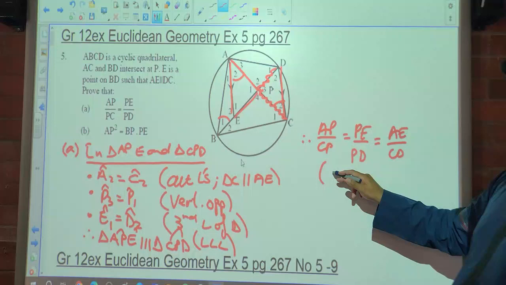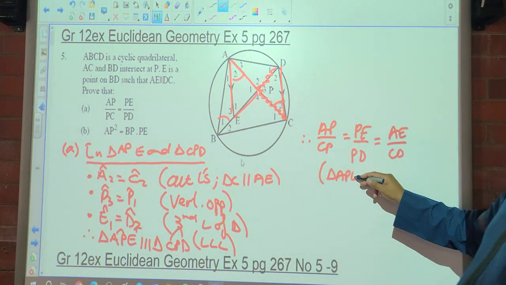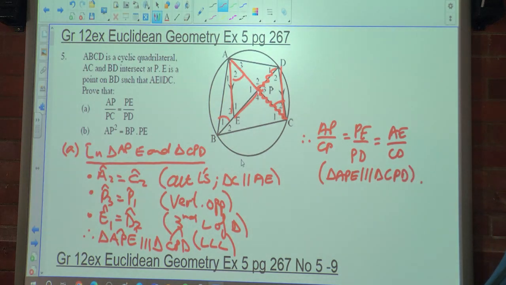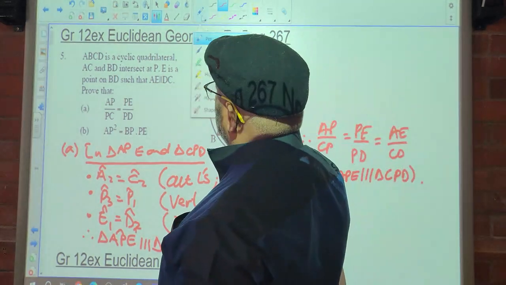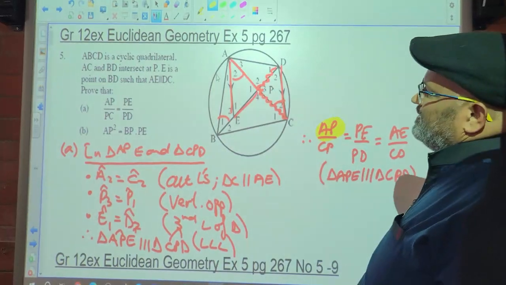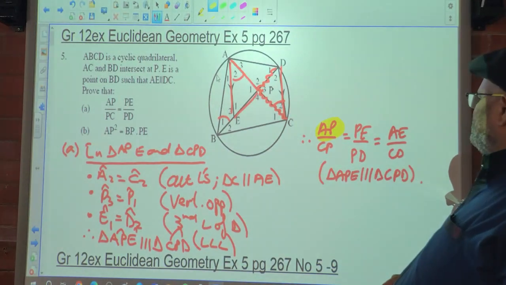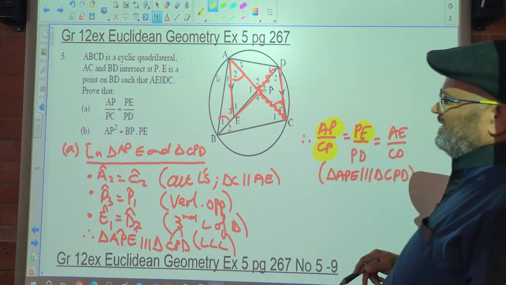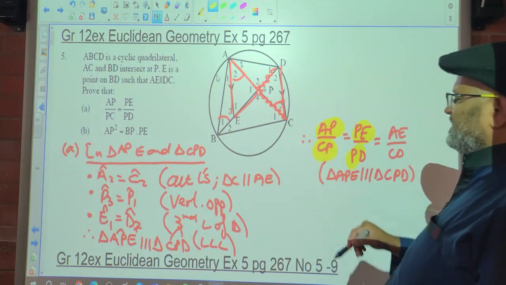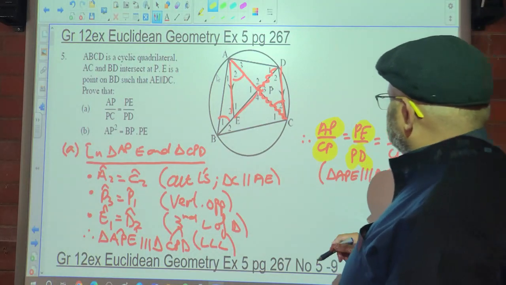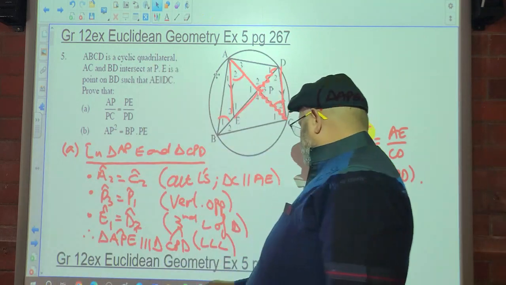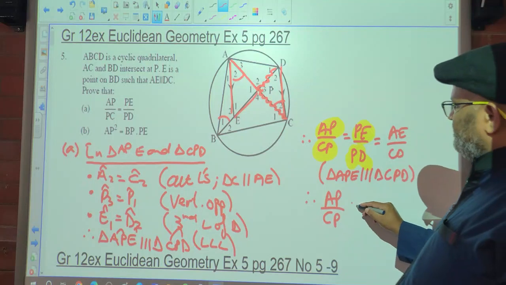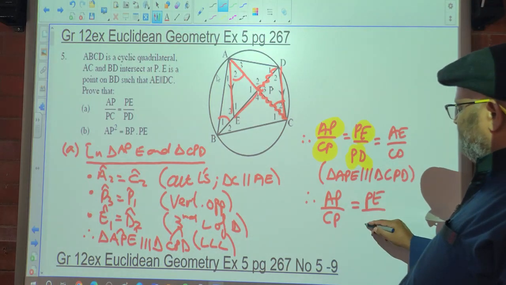Why? Because triangle APE is similar to triangle CPD. But what do they want? They want AP, PC, PE, so that's exactly what they want. Let's just say therefore AP over CP is equal to PE over PD.